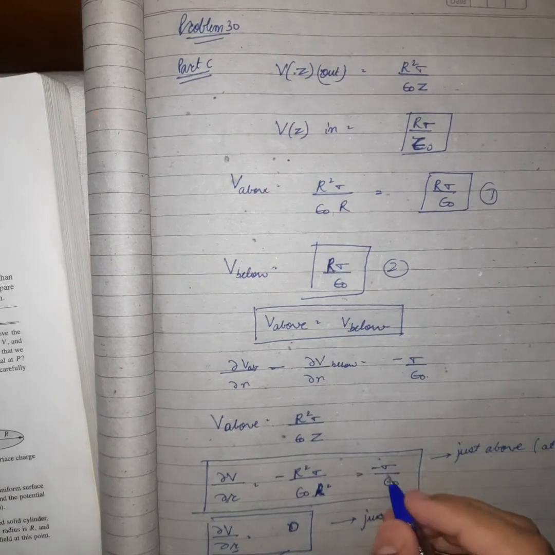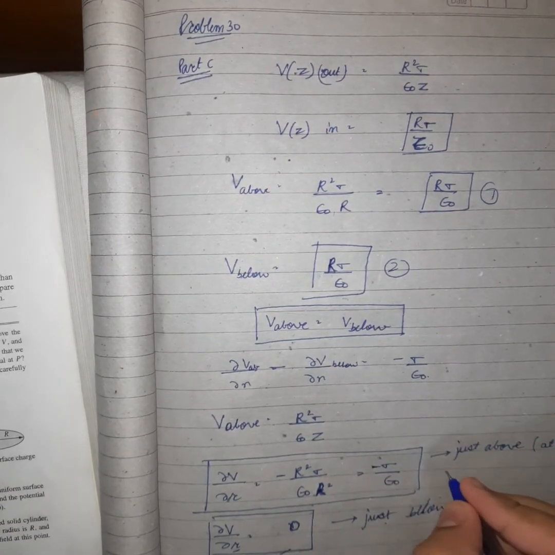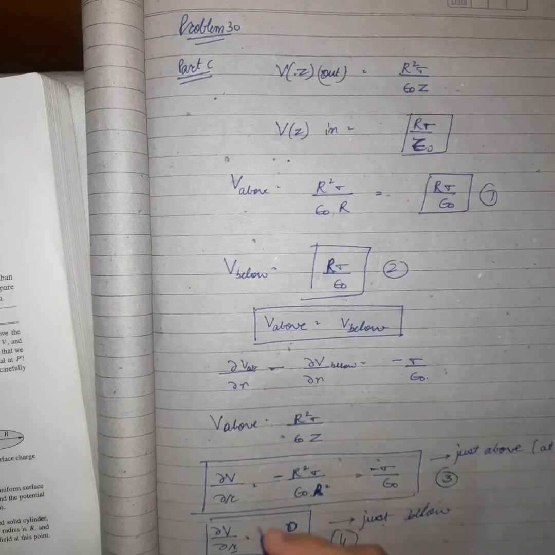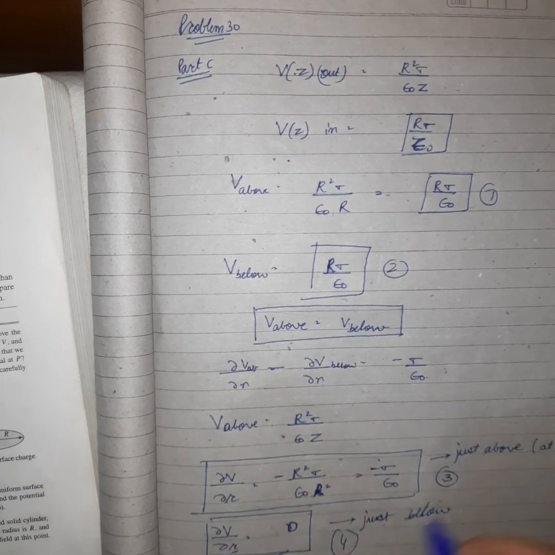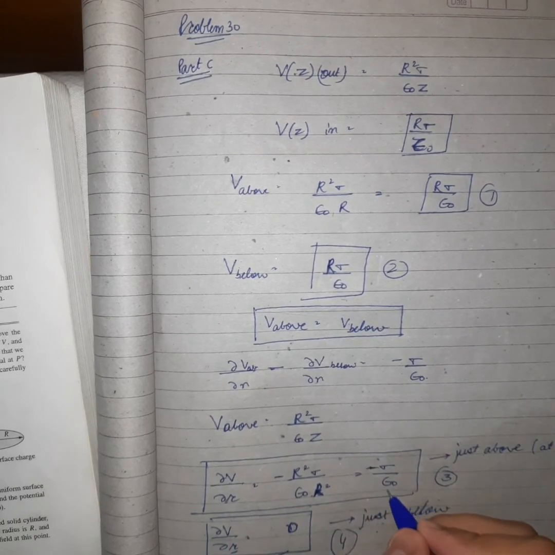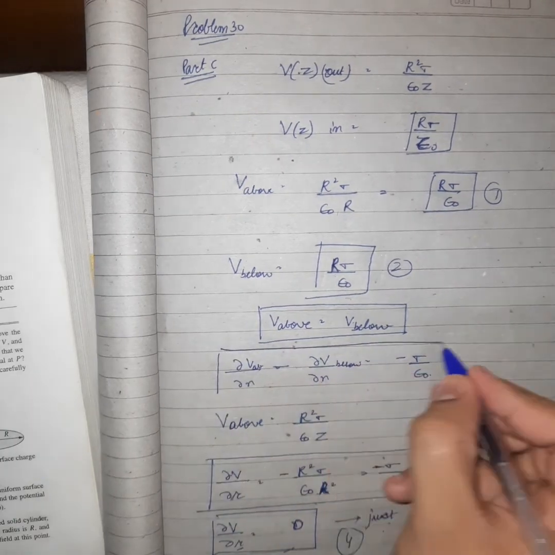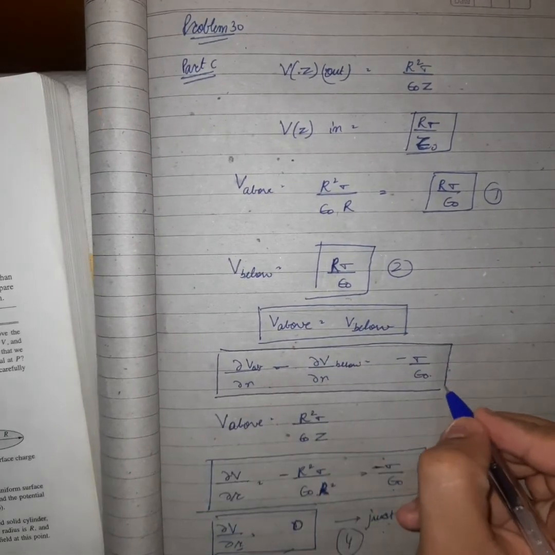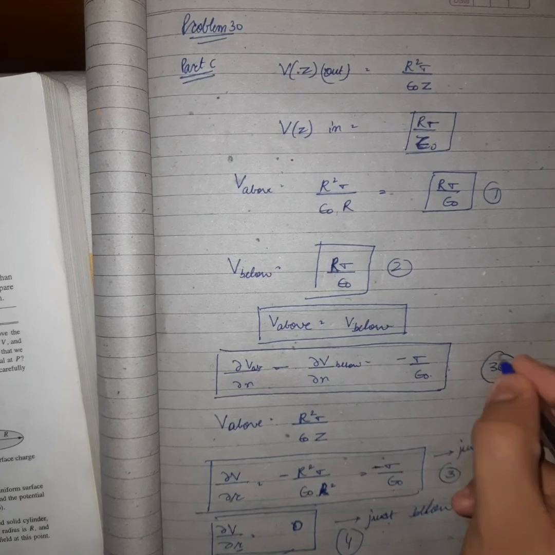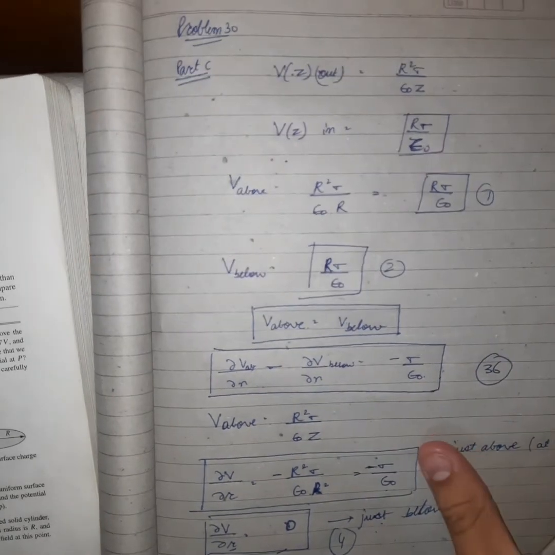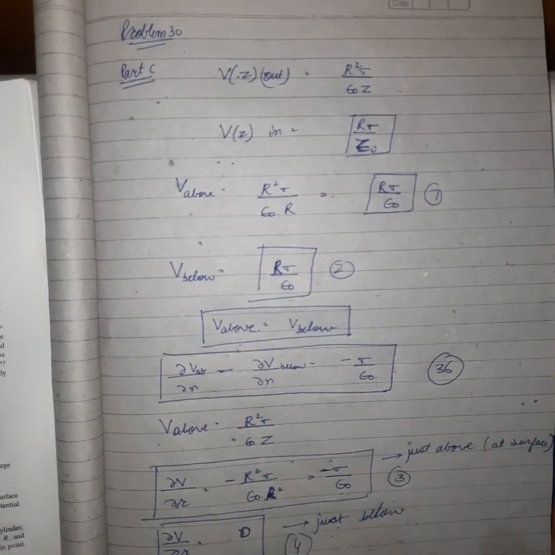All right, so equation number 36 is satisfied from 3 and 4. Why? Because on subtracting just above minus just below, we get minus sigma upon epsilon naught, which is the consistency with equation number 36. So I hope you got the concept of this question.